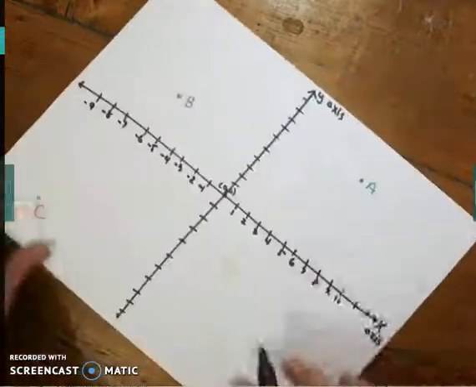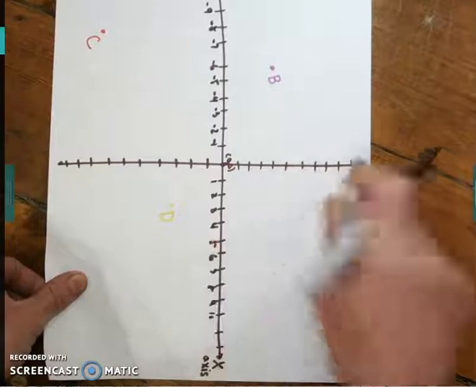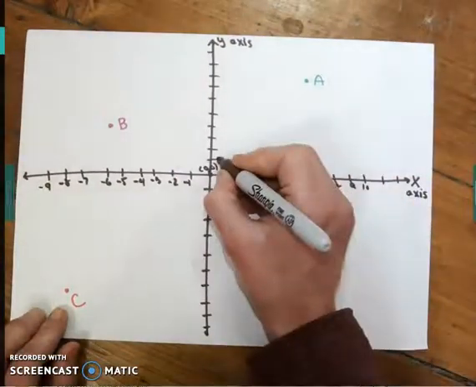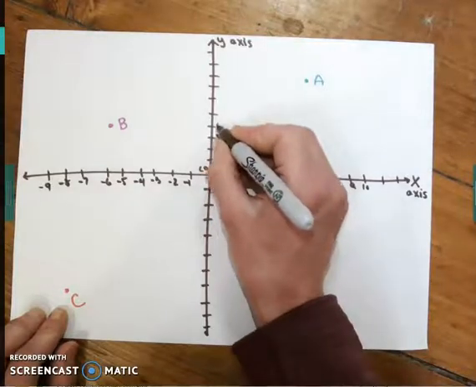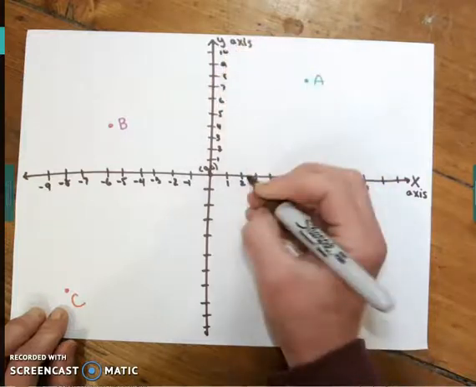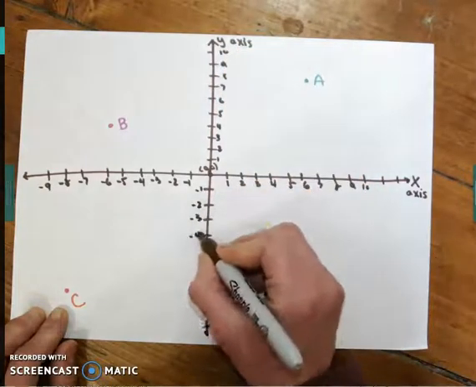Now, I want to think of it as a number line in the y direction too, where going up is getting positive. So that means this will be 1, 2, 3, 4, 5, 6, 7, 8, 9, 10, and then going down is negative. So going underground is negative.